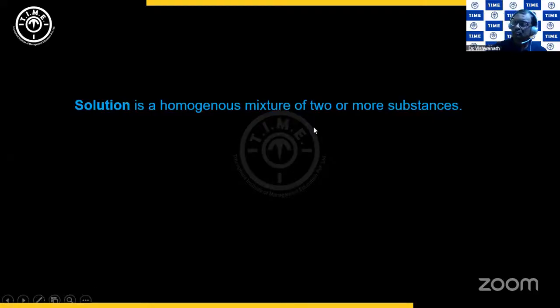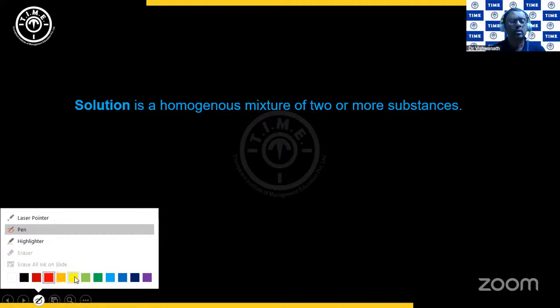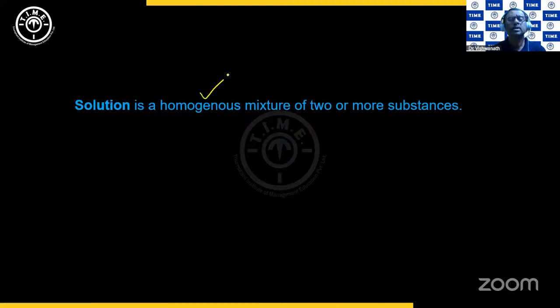Now, before we get into what we are going to do, let us check what a solution is. A solution is a homogeneous mixture. Homogeneous mixture means it's a uniform composition mixture. Let us say that you have sugar dissolved in water.